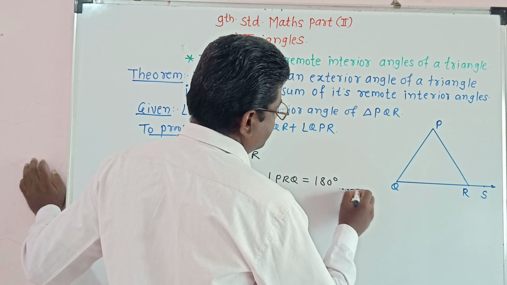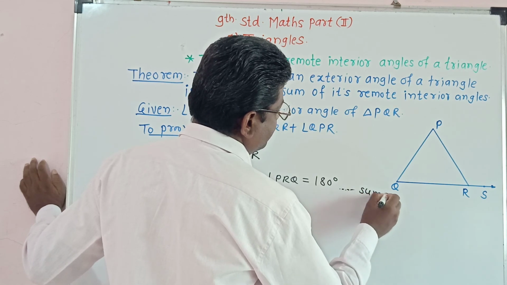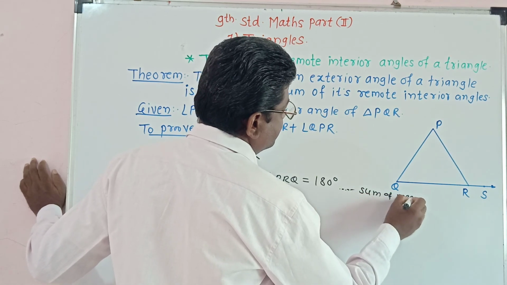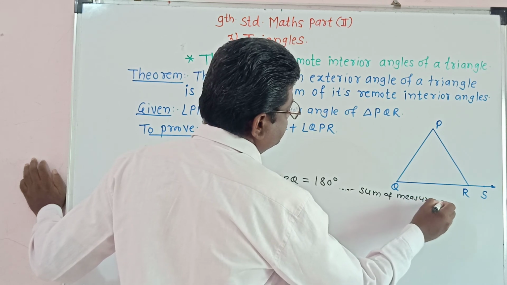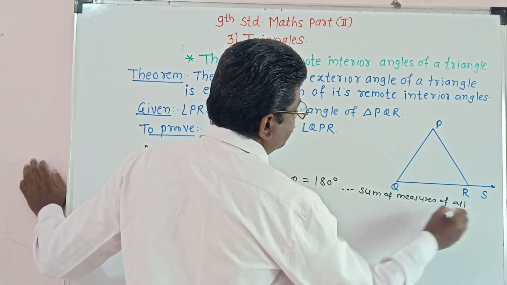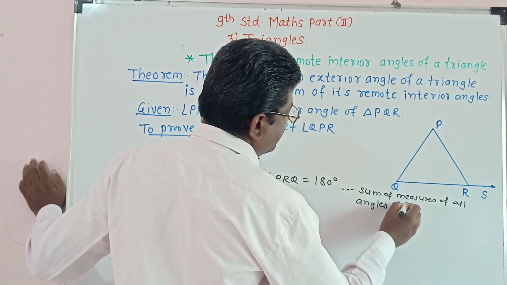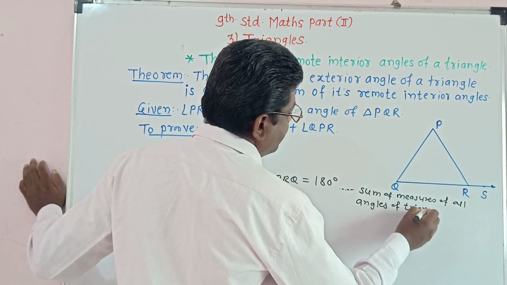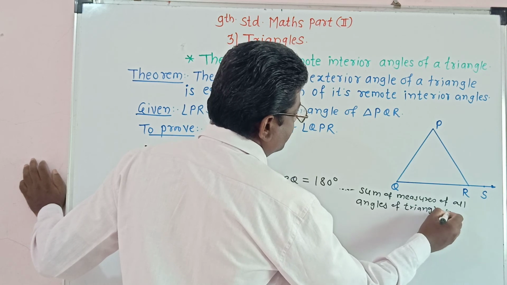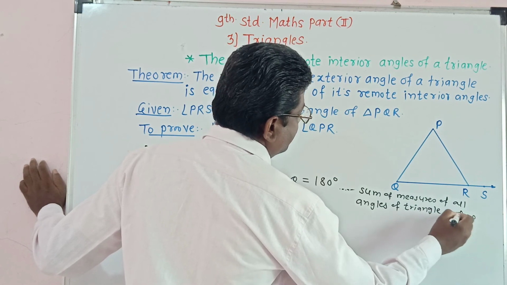Reason for this: the sum of measures of all angles of a triangle is 180 degrees.